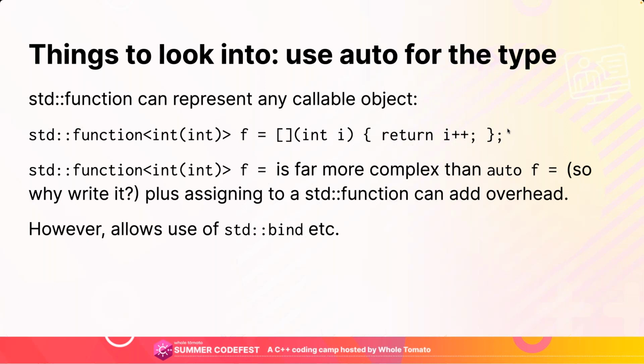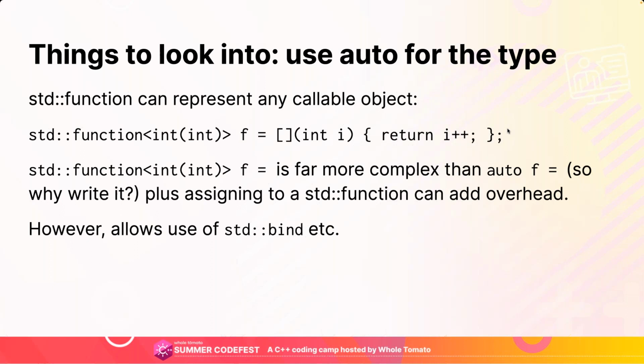Now, here are a couple of examples on screen. And I'm just expressing my personal opinion here, but when you write std::function<int()> f equals, and then a lambda, it's far more complex than just writing auto f equals. And so my question is, why write it? You're sort of repeating something.